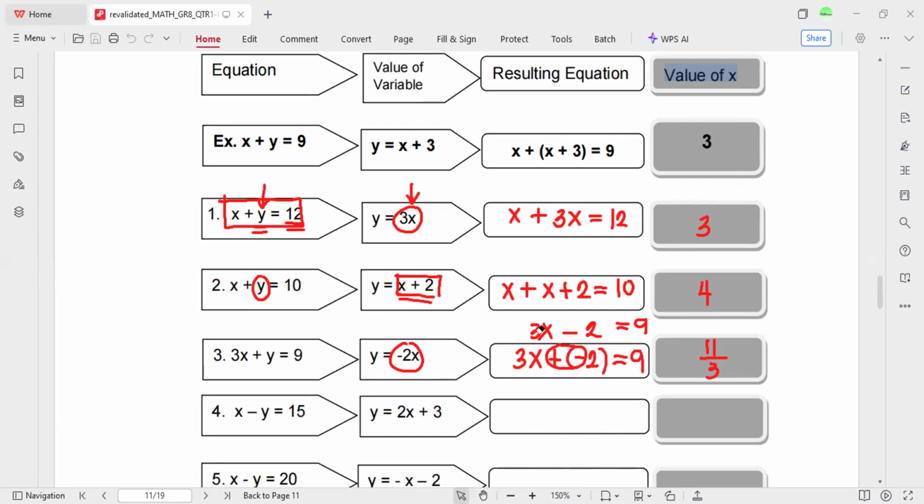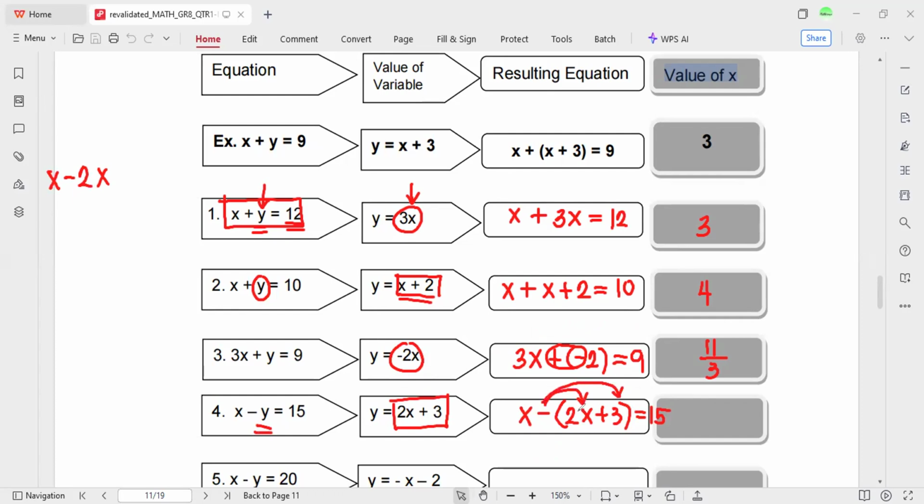Okay, next, number 4. We get x minus y equals 15, given that the value of our variable y is 2x plus 3. So again, change your y into 2x plus 3. We just replace it. So x minus 2x plus 3 equals 15. Don't forget this is minus, so we have to distribute our negative 1.